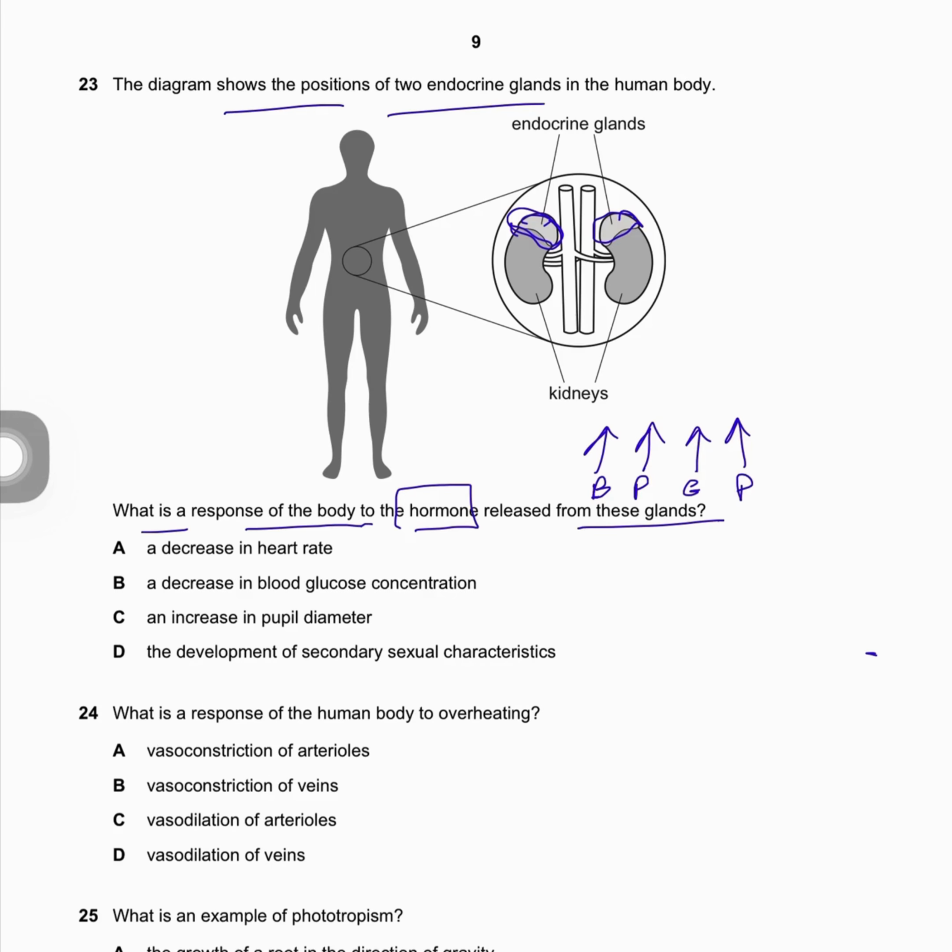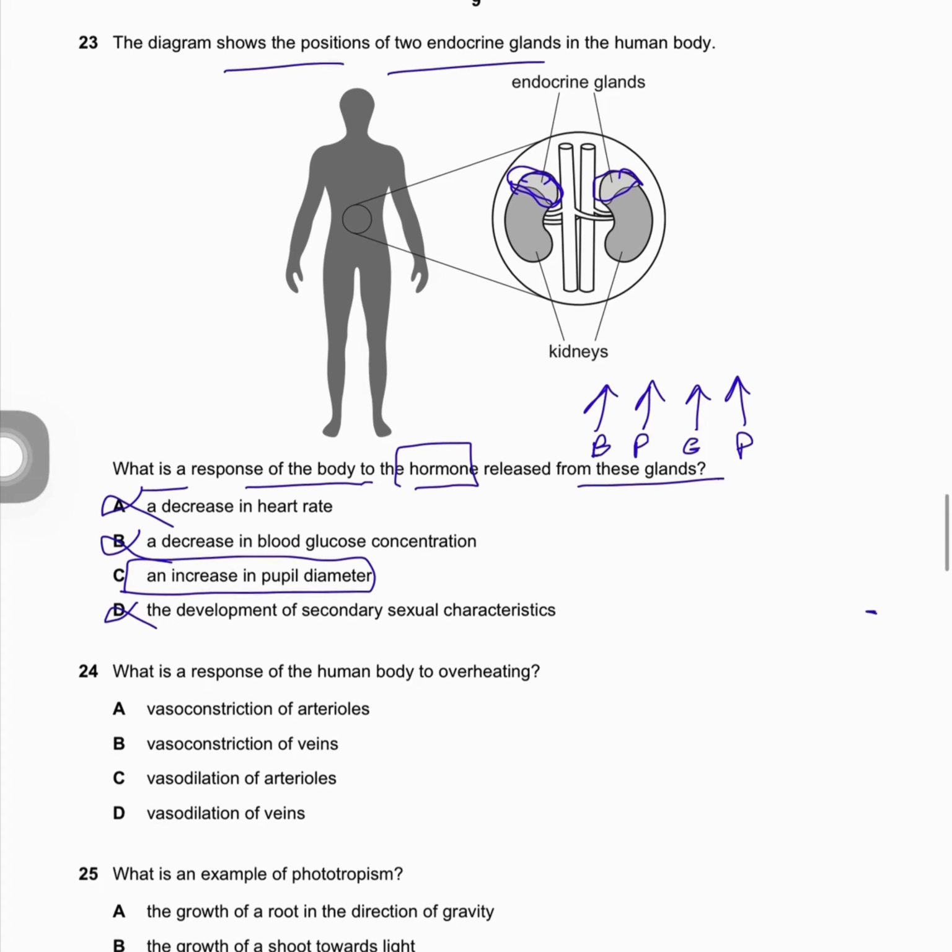BP, GP. Always remember this. So a decrease in the heart rate, wrong. A decrease in glucose level, wrong. Increase in pupil diameter, yes. Development of secondary sexual characteristics, so the answer is C.